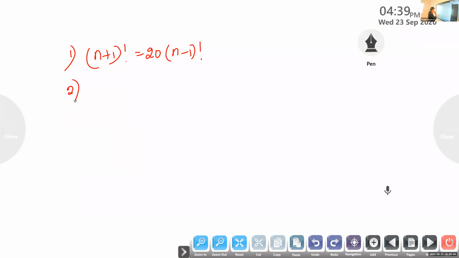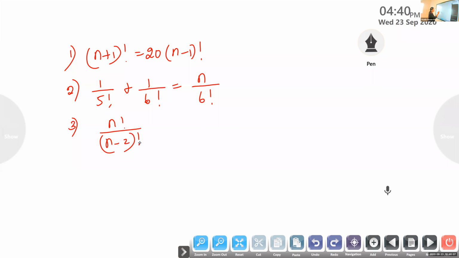Second one: 1 by 5 factorial plus 1 by 6 factorial is equal to n by 6 factorial. Third one: n factorial by n minus 2 factorial is equal to 110.